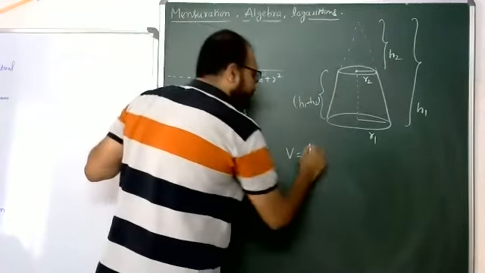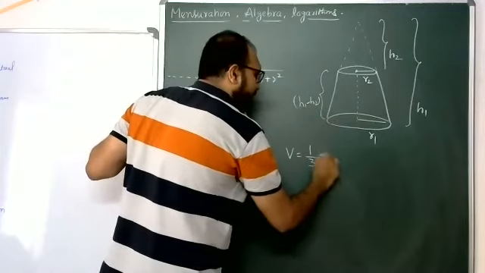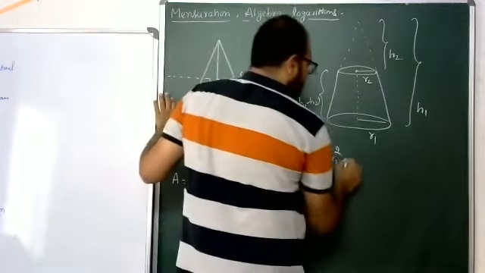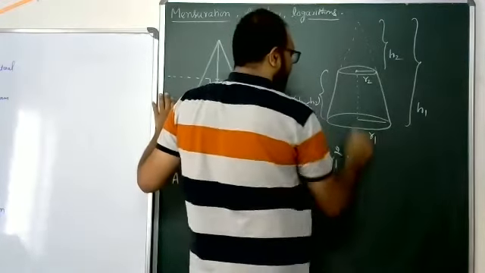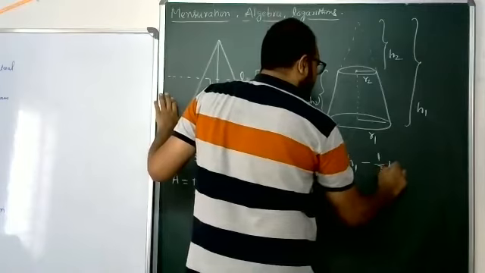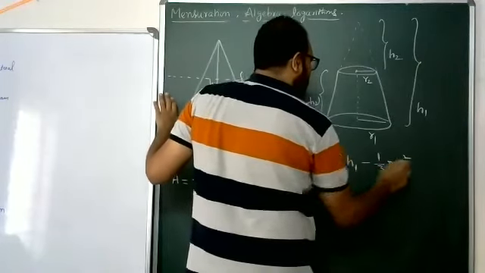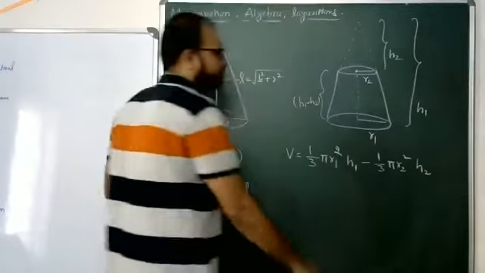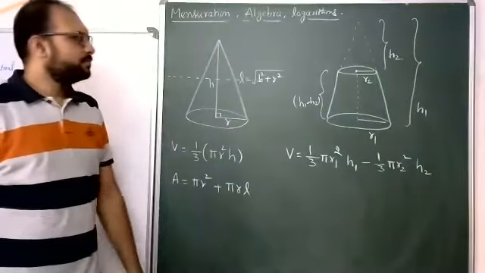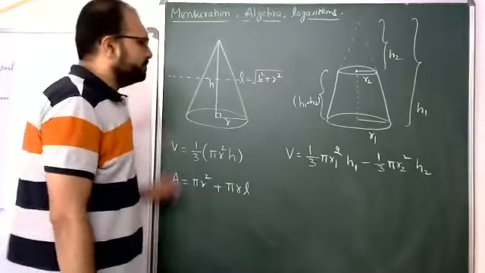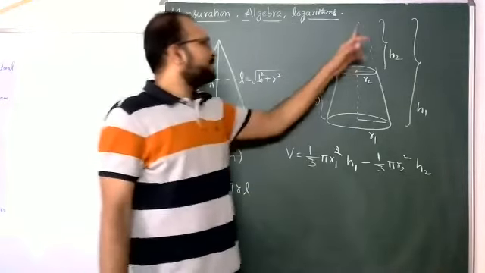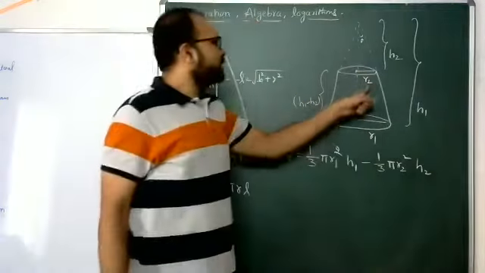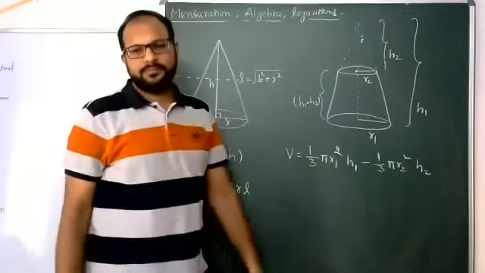But what is the total value? 1/3 pi R1 square into H1 total value minus 1/3 pi R2 square into H2. Next you can again relate by taking here small angle theta, R2, H2, R1, H1.